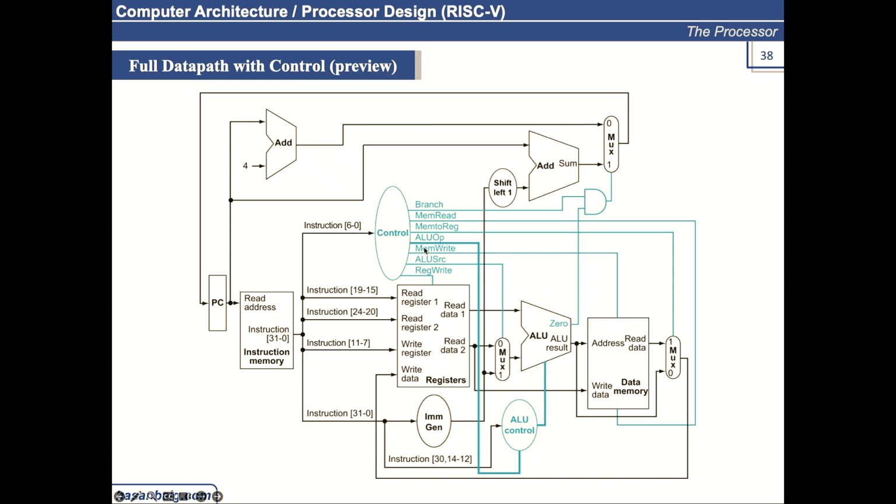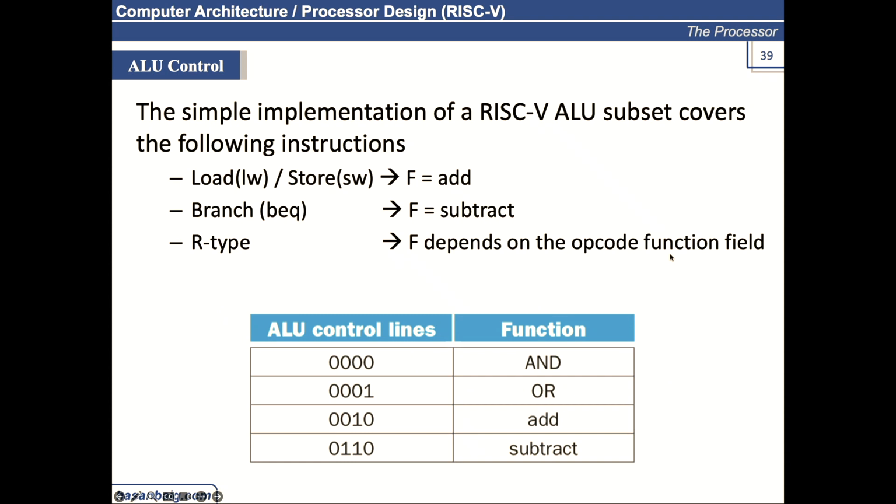Okay, so let's talk about generating the ALU op signal first, based on the opcode. Again, we are learning a subset of the instructions, and the hardware for a subset which are commonly used, like add or subtract. We are not going to cover the hardware for everything.